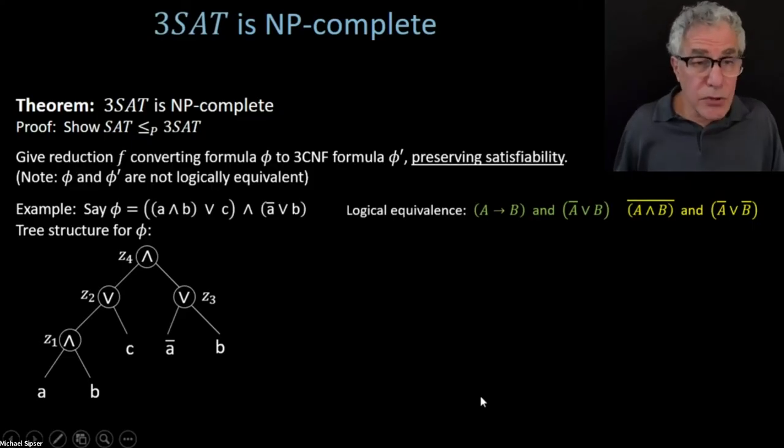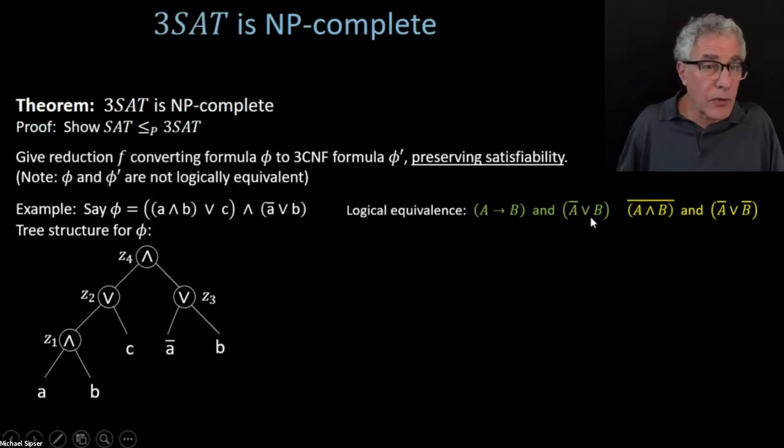And now I'm going to use these two logical facts. You've probably all seen ands and ors, I hope, otherwise it's going to be really tough. But there's also other logical operators, such as the implication operator, where you have A implies B, thought of as a logical operation. This requires that if A is true, then B is true.